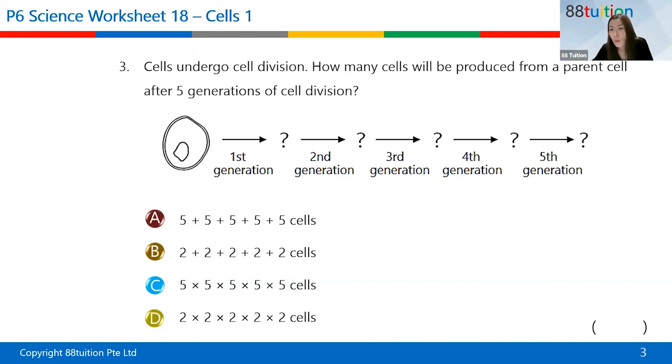So when they split, what happens is the nucleus will split first. You see the nucleus splitting, and then after that, the cell will split into 2 parts. So there are 2 nuclei already, right?